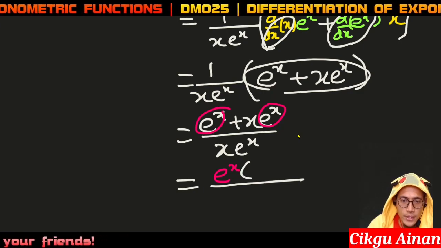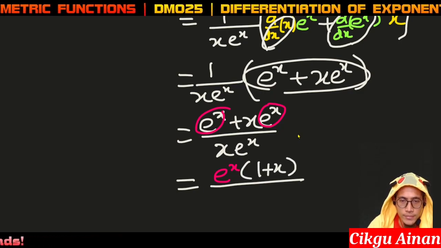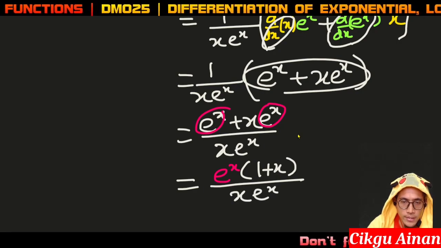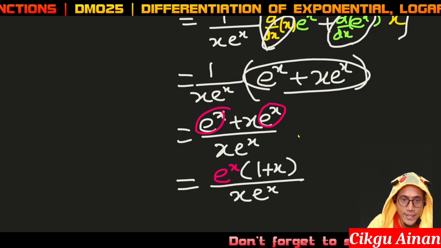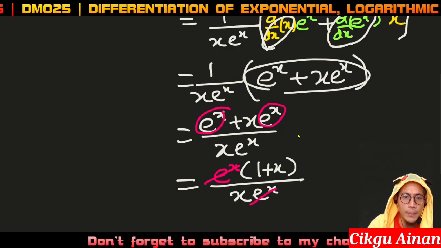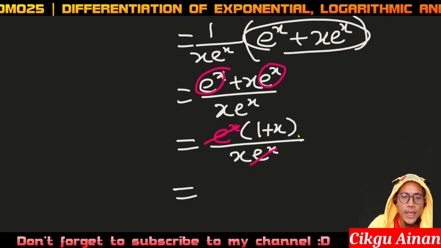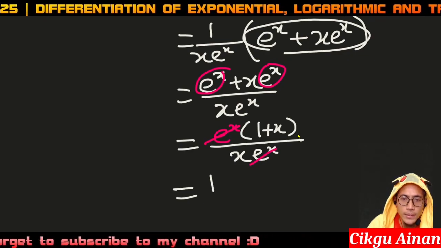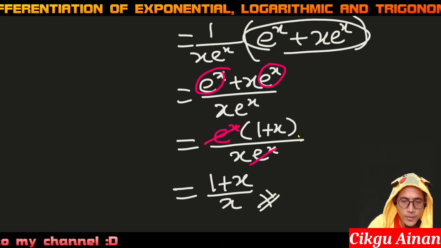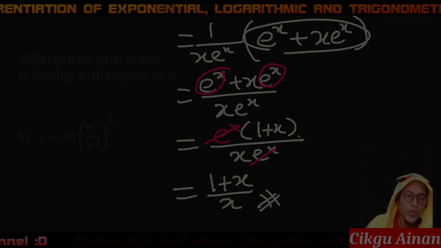What's left is 1 plus x. And then over here, x e to the power of x. You see over there, we can cancel, like you always like to do, but mostly wrong. After we simplify them, we get 1 plus x over x. This is the answer for the first one.